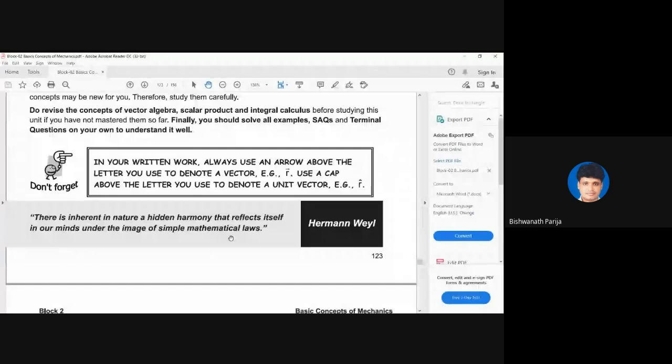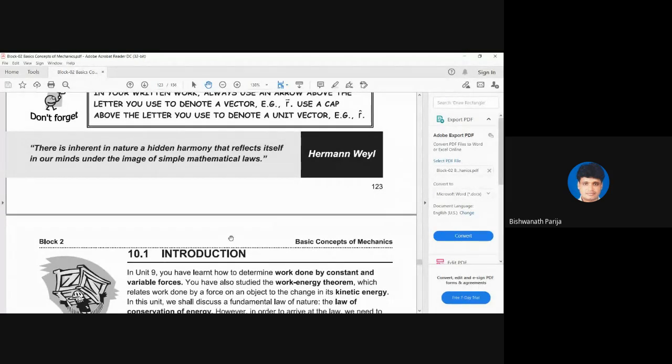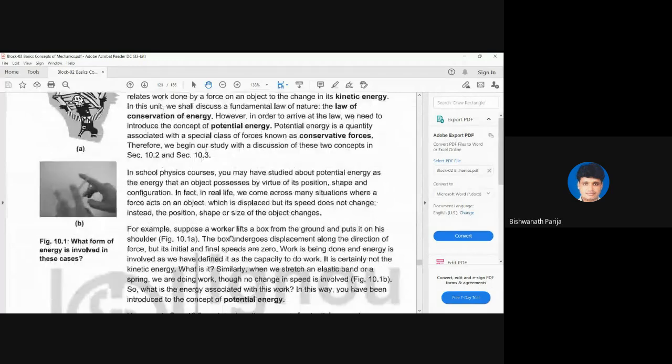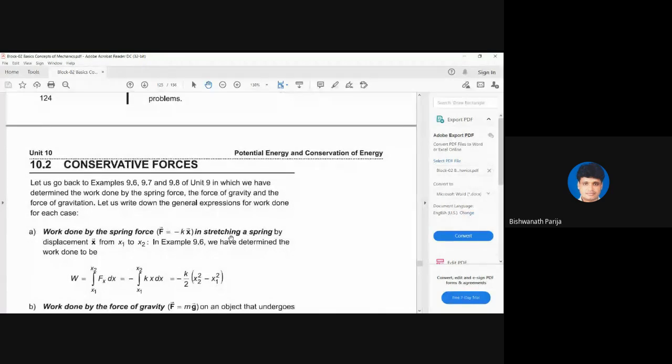There is inherent in nature a hidden harmony that reflects itself in your mind under the image of a simple mathematical law. You can remember that. Then we will go to potential energy and conservation.